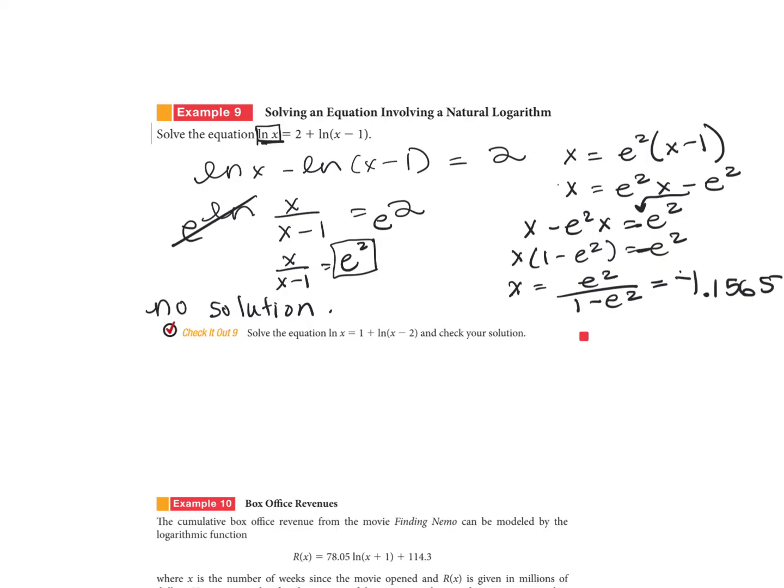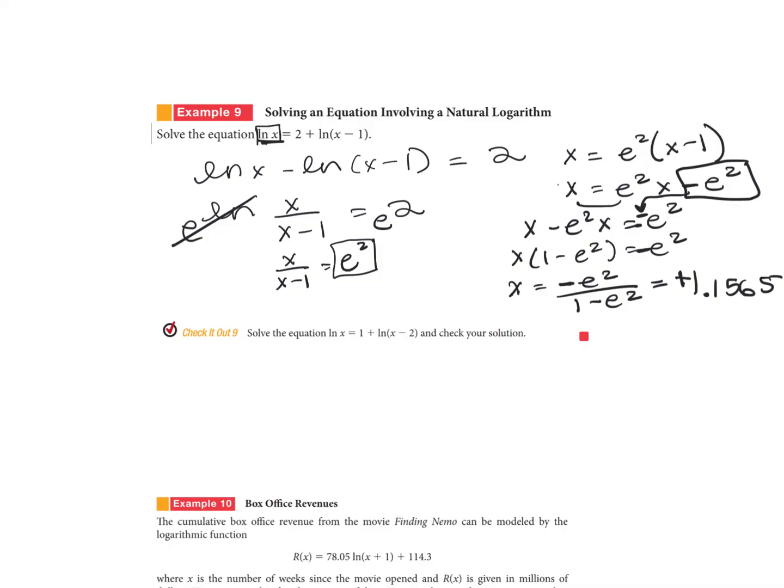That should actually be positive because this is a negative number there. See how there's a negative here when I distributed that? And when I move this over, there's still a negative right here. I dropped that negative right there. That's no good. So this should be positive 1.3. So I was wrong. There is a solution for this.